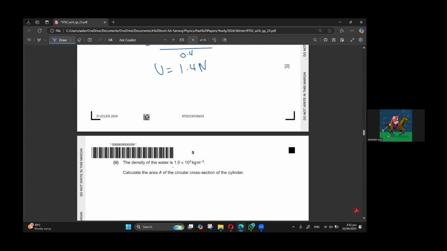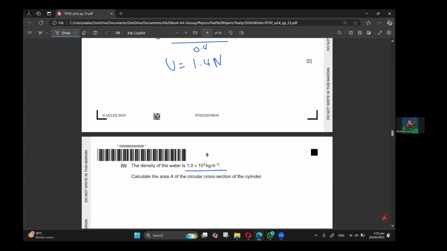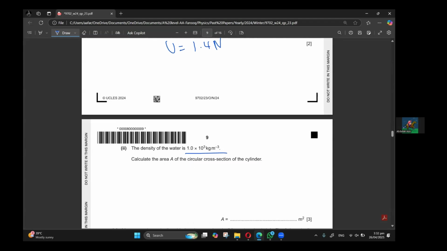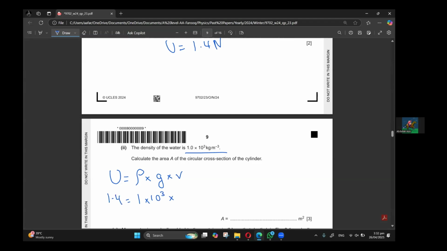Density of the water is 1 into 10 power 3 kilograms per meter cube. Calculate the area of the circular cross section of the cylinder. So we know that upthrust is equal to density into gravity into volume. We have the upthrust, which is 1.4. We have the density, 1 into 10 power 3. We have gravity, 9.81. And so we need the volume.